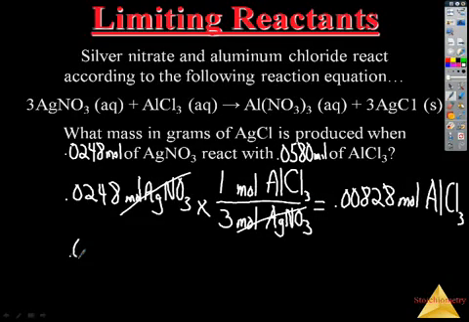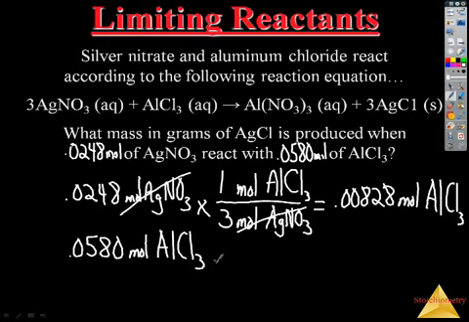Write down what you know. 0.0580 moles of aluminum chloride. And we're going to multiply that by a conversion factor with aluminum chloride on the bottom. What's the relationship between aluminum chloride and silver nitrate? 1 to 3.